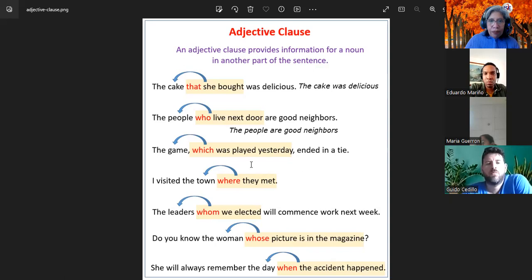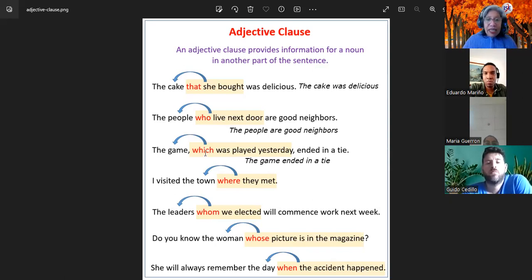Likewise, if I put here, the game ended in a tie, which game is that? Is that a football game? Is that a soccer game? Is that a baseball game? Is that a Monopoly game? When was the game?